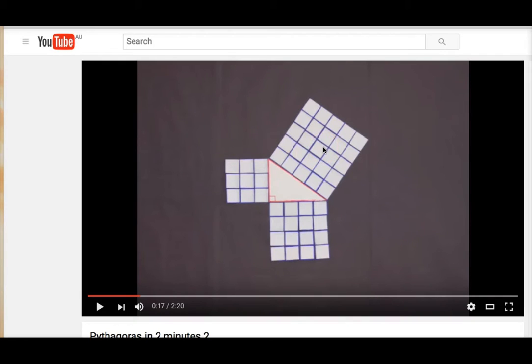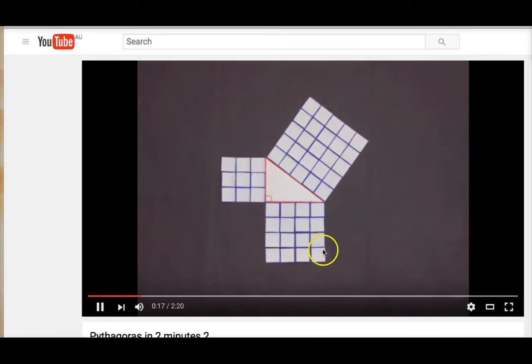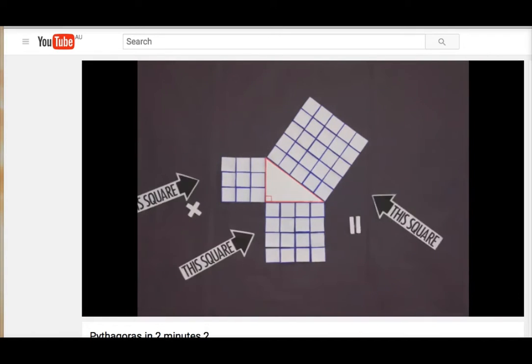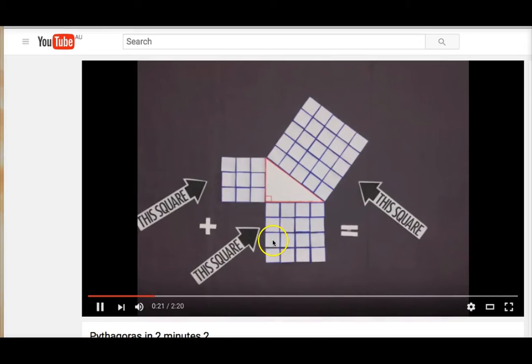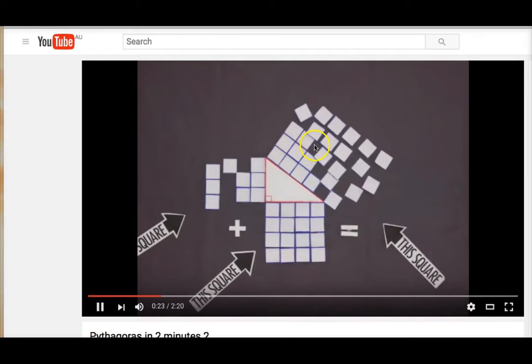So the sum of the squares on the two shorter sides equals the number of squares on the longest side. Okay, I'm going to play the video now. So, girls, it says this square plus this square equals this square.